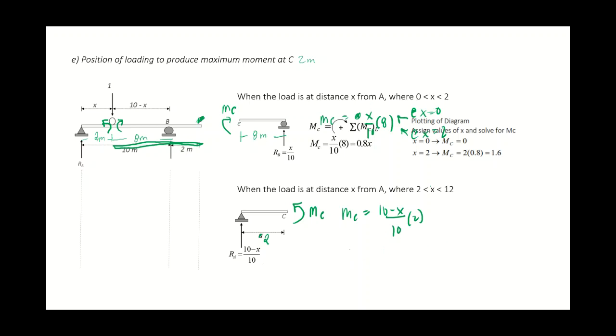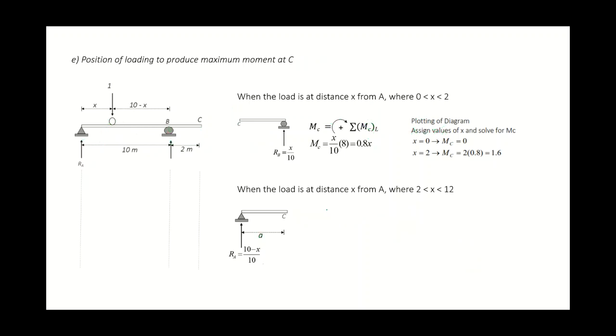Tapos, we have 3 values for your x, no? X is equal to 2, nandito sa point na to. X is equal to 10, dito sa point ng reaction sa B. And then, x is equal to 12, point nung free end. Check natin.